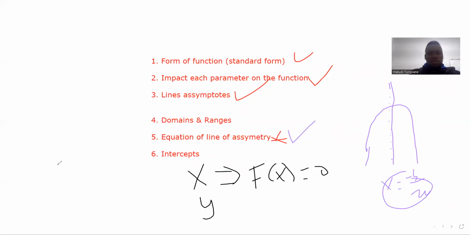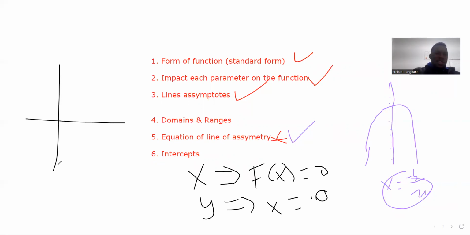And for the y-intercept, we need to let x equal 0 in the f of x function. Because where the graph cuts the x-axis, the y value is 0. That's why we let f of x equal 0. And where the graph cuts the y-axis, the x value is 0. That's why we set x equal to 0.